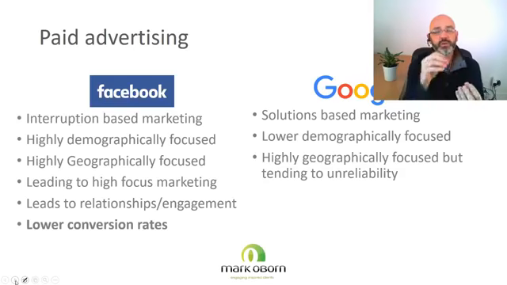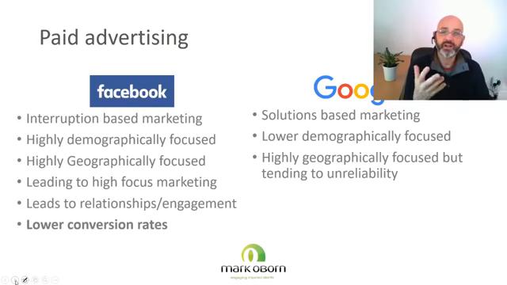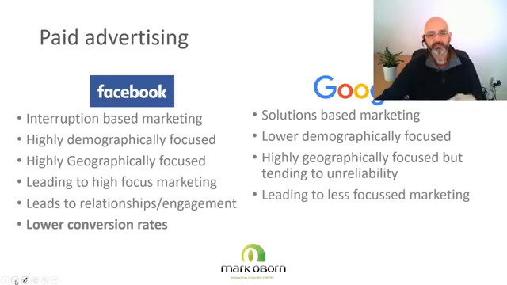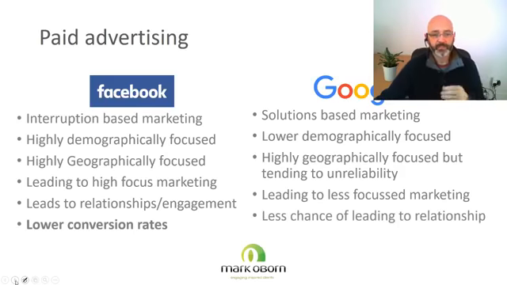So unless you are logged into Google, when you do your search, Google's not going to know exactly who you are and is having to make guesses. Whereas with Facebook, when you show an advert, that person is always logged into Facebook, so Facebook always knows exactly who they are. So Google tends to lead to a less focused marketing.